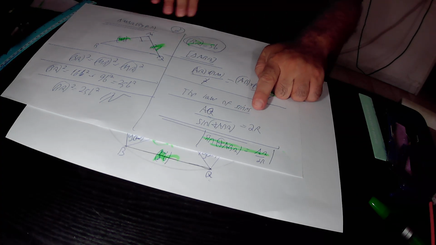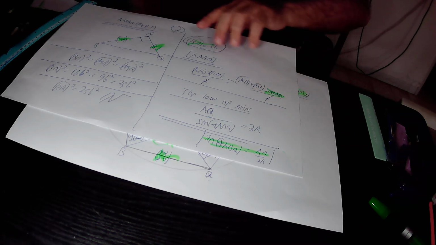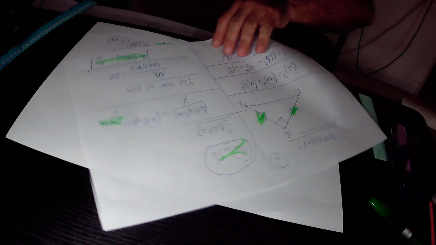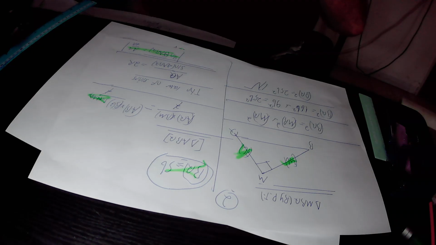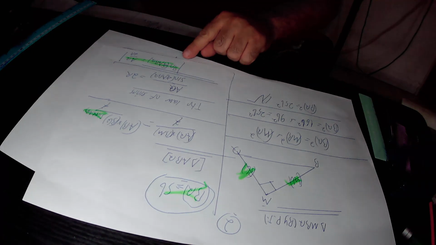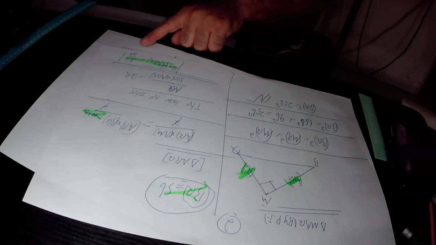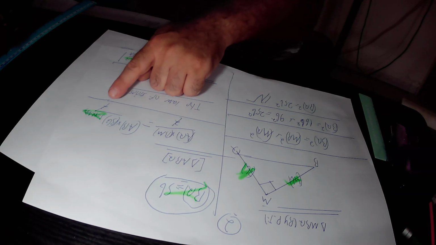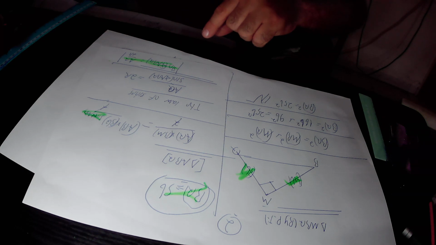We multiply this equation by sine ABQ and divide it by 2R in order to find that sine ABQ equals AQ over 2R. So we can substitute sine of angle ABQ by AQ over 2R.